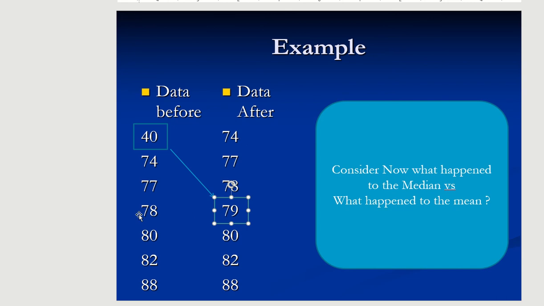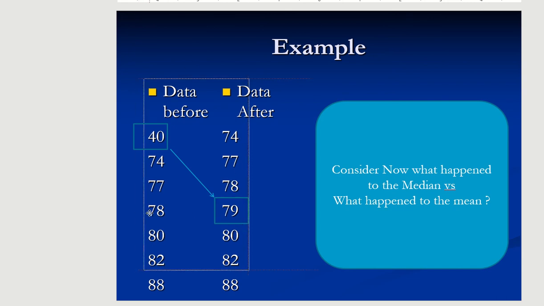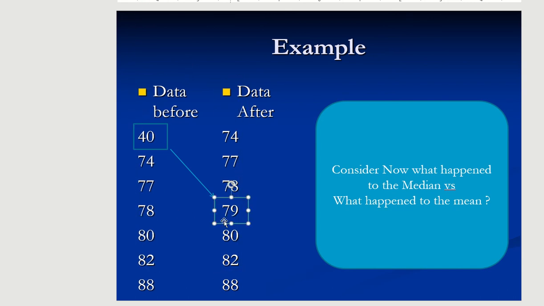So the median only changed from 78 to 79. Only a 1-point change. Whereas if you remember when we were working with the mean, it was about a 6-point change. Again, showing that the mean is much more sensitive than the median. The median doesn't change as much as the mean.